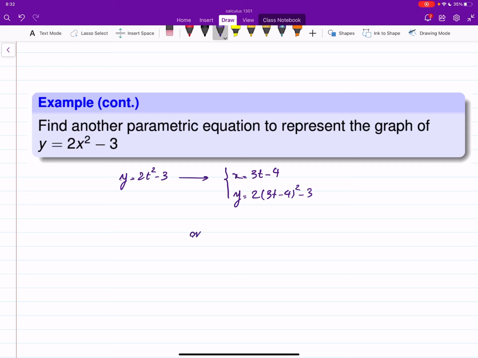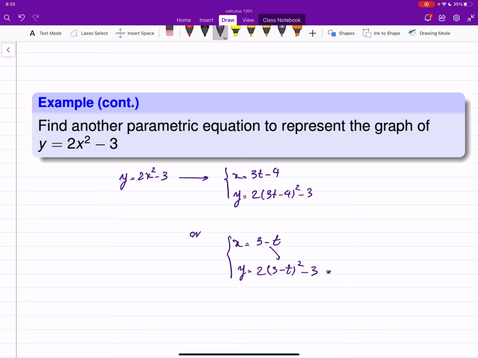Or you can write x equal to 3 minus t, and y is equal to 2 times (3 minus t) squared minus 3.